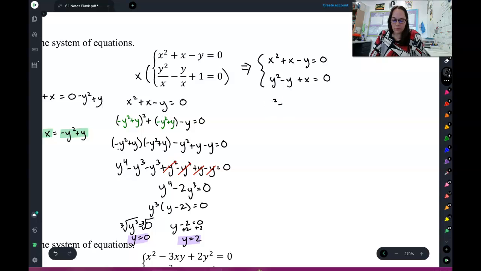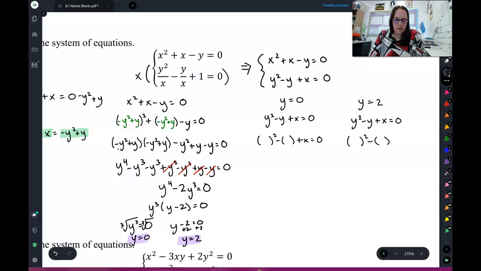Let me rephrase this. So I have y equals 0 and y equals 2. Plug both of those into my second equation. So I got 0 squared minus 0 plus x equals 0. 2 squared minus 2 plus x equals 0.